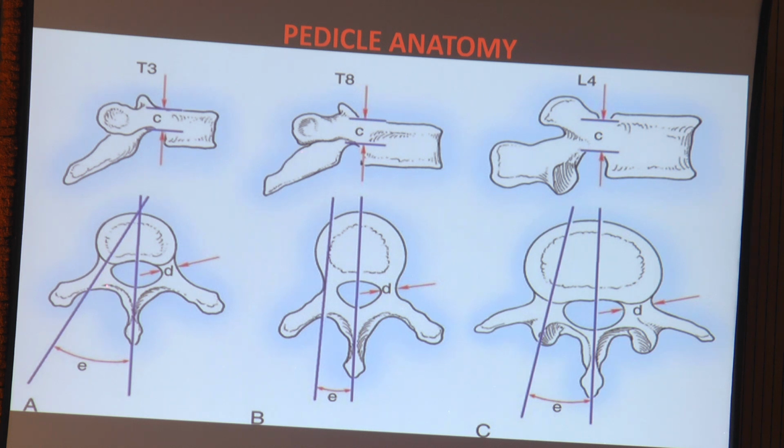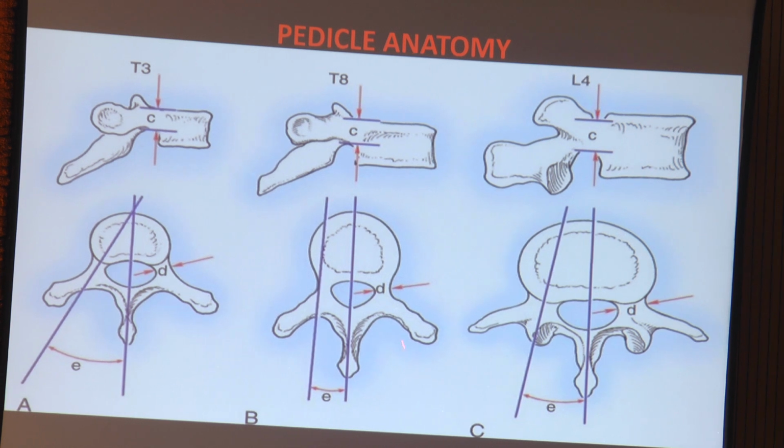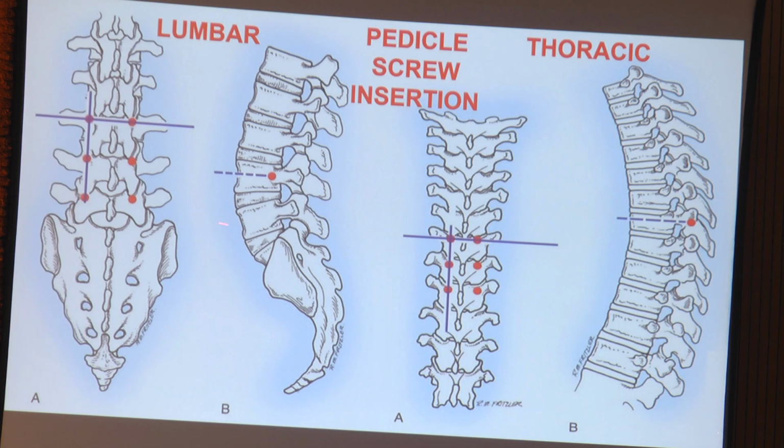So how you pass your pedicle screw is going to be different in all different vertebrae. This is your central line. This is your direction of pedicle in the T3 thoracic spine, T8 and L4. This is important for us.